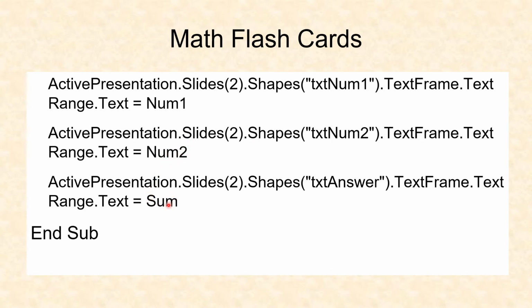Then finally, the sum of those two numbers, which is stored in a variable called sum, will appear in the text, and I've called it txt answer. Again, it doesn't matter what you call your text boxes, it doesn't matter what you call your variables, as long as you keep them straight. That's what counts. So when we put all of this coding in and we associate it with a button, every time we press the button, lo and behold, we'll see two numbers appear and the answer.